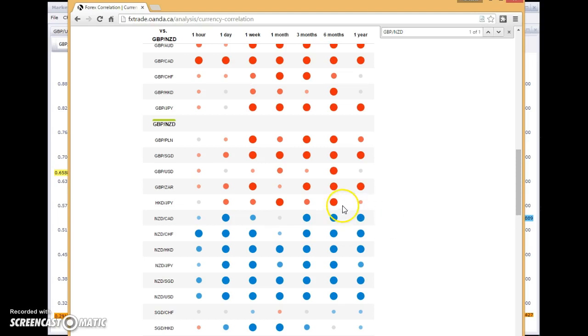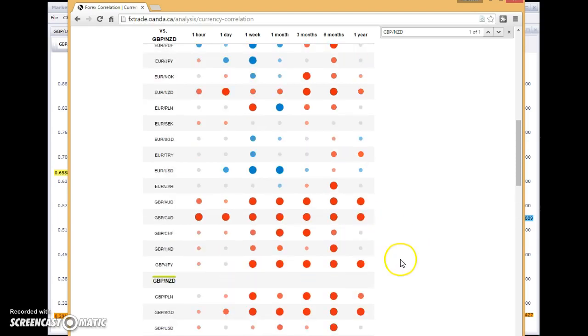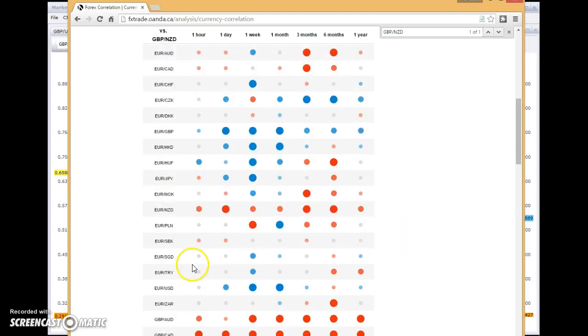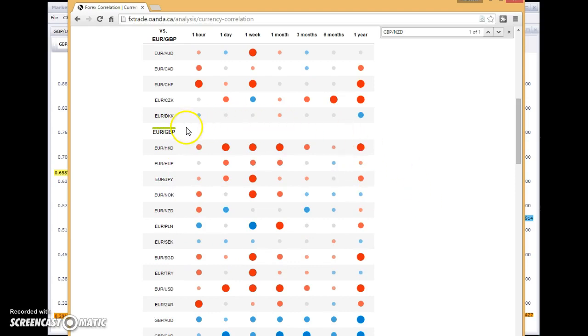There are obviously other currency pairs which follow similar dilemmas as to which pair we may want to correlate them to. So, for example, the euro pound, which I've been following myself for a while, if we check against the euro USD, it has a strong positive correlation to the euro USD all the way to the yearly.